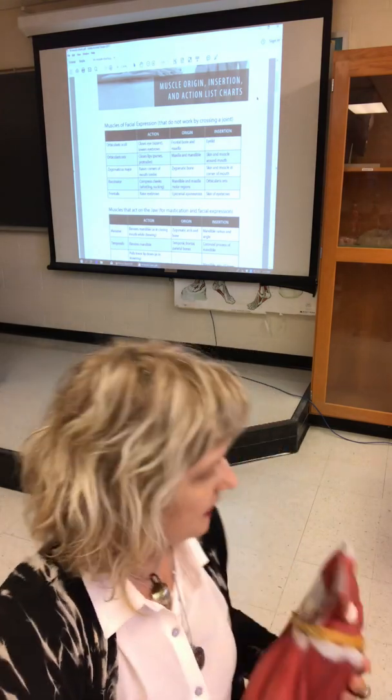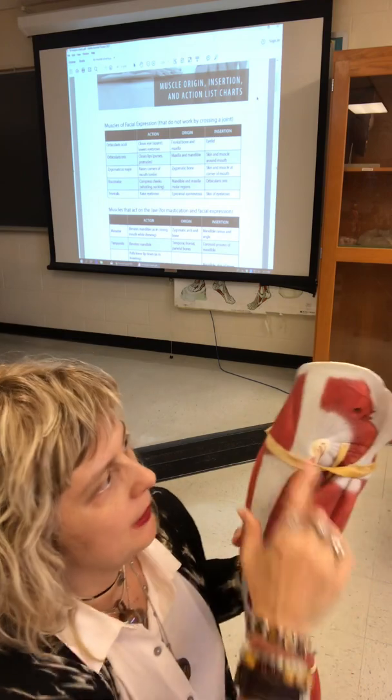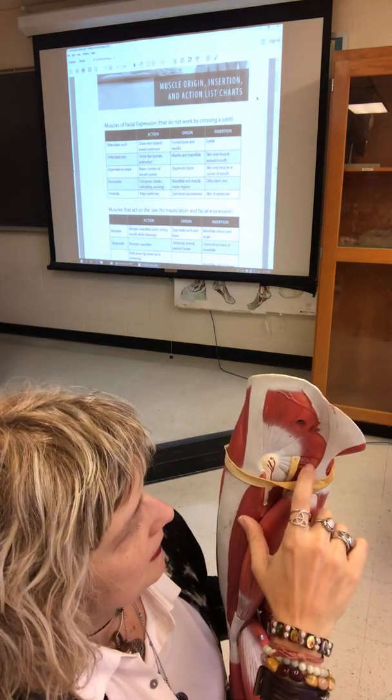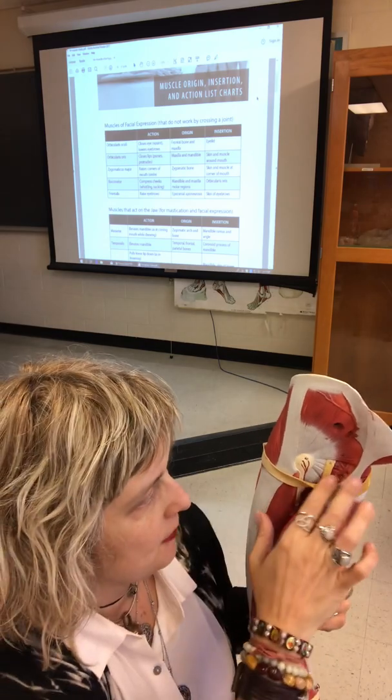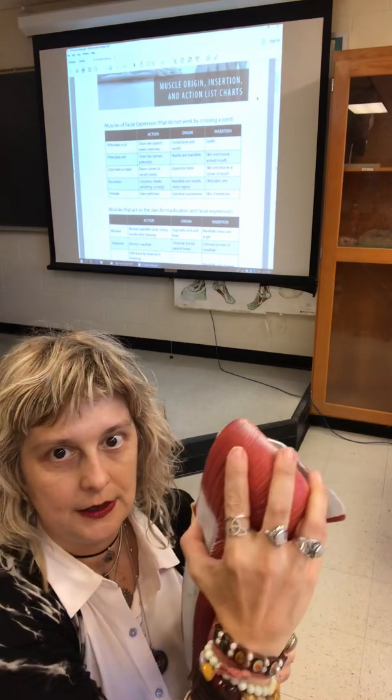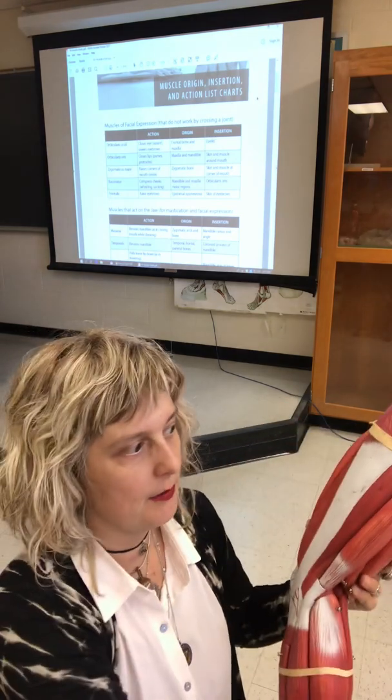Deepest is gluteus minimus, and then you've got the piriformis, the obturators, gemellus and all that. We don't need to know that. So just please remember gluteus maximus and gluteus medius.